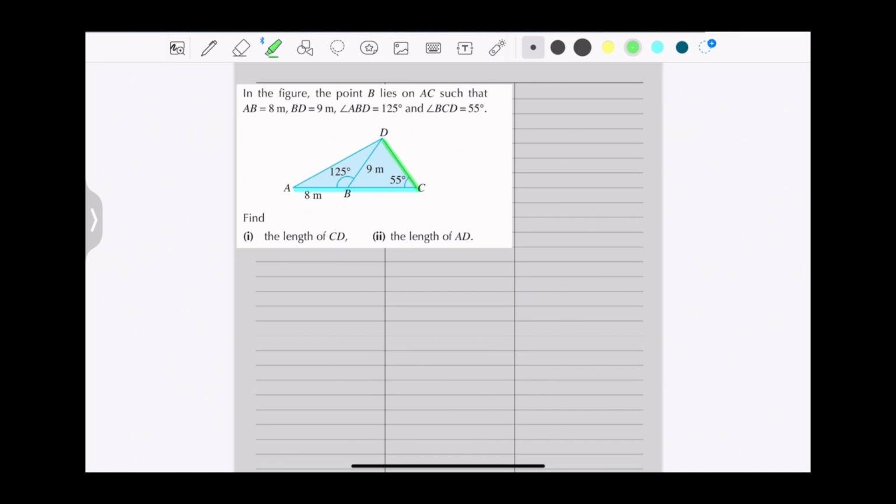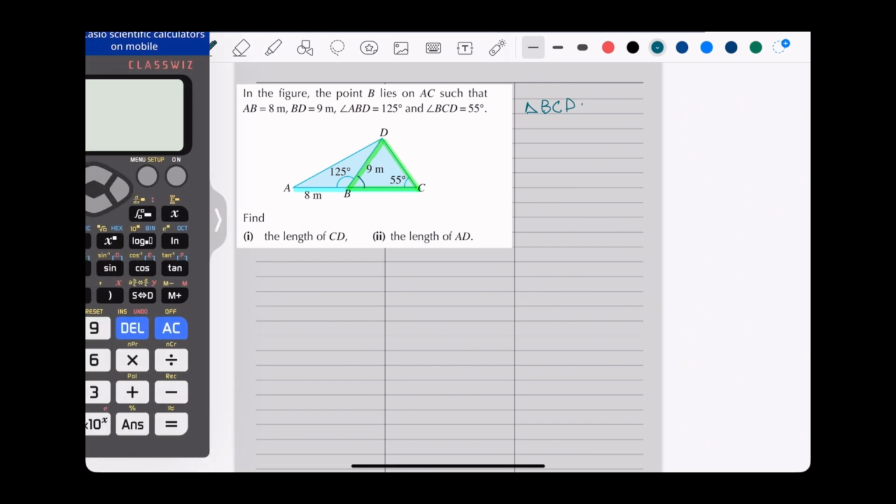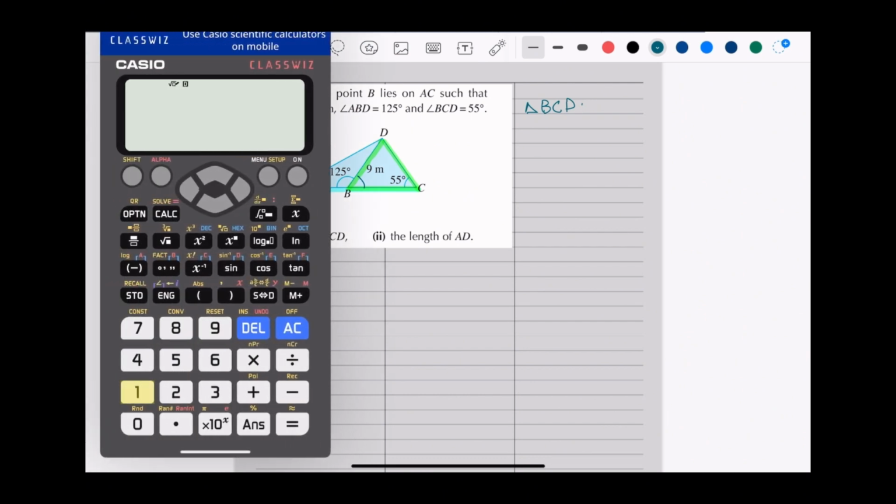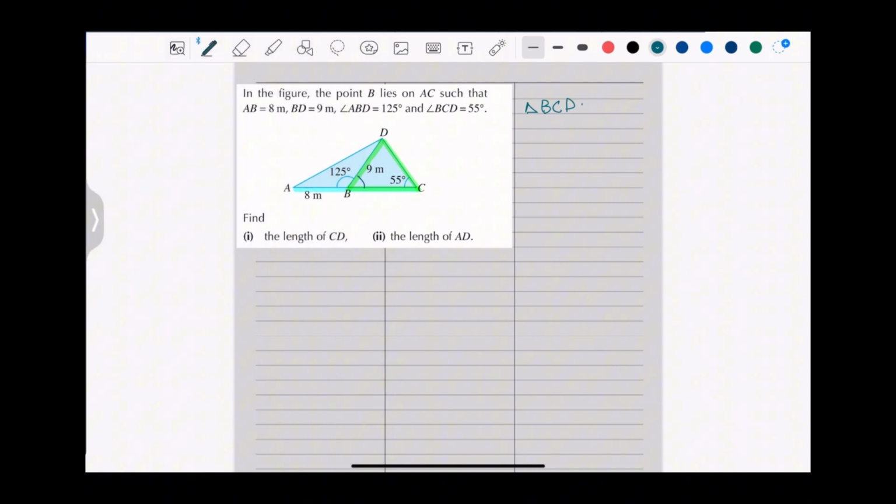If I look at triangle BCD, I'm taking help from triangle BCD. This angle here is going to be 180 minus 125 because it's a straight line and a supplementary angle. So 180 minus 125 gives you 55.